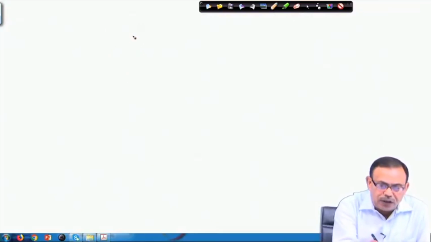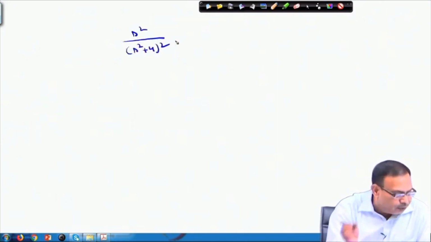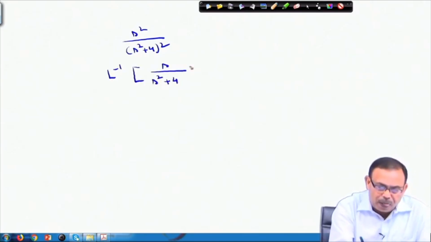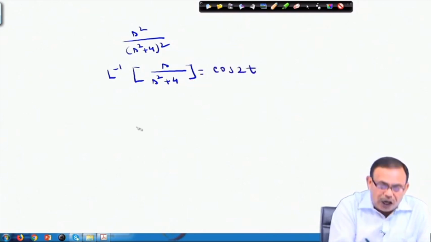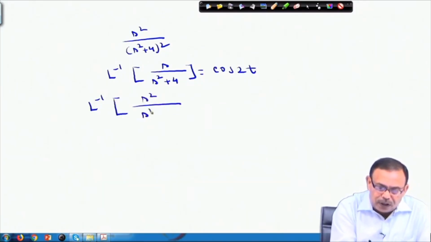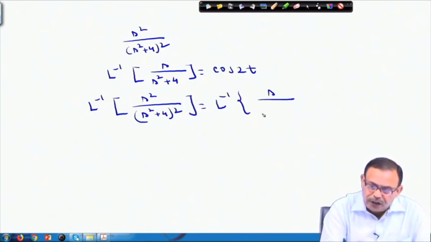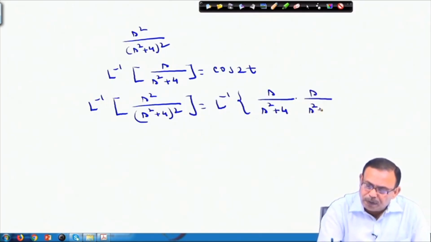So, the function is s square by (s square plus 4) whole square. I know the Laplace inverse of s by s square plus 4; this is cos 2t. Therefore, Laplace inverse of s square by (s square plus 4) whole square, I can simply write as s by (s square plus 4) into s by (s square plus 4).